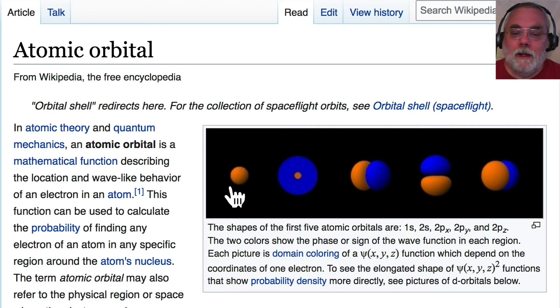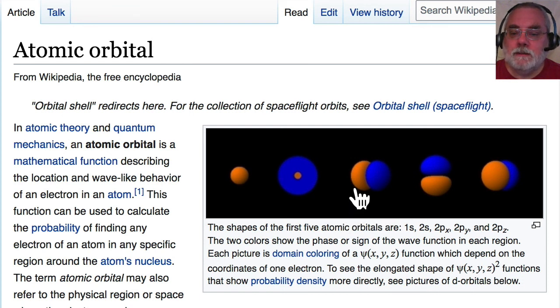This is the 1s orbital, the 2s orbital. These are both spherically symmetric. We're not going to worry about the blue versus orange coloration. And then these 3 are p orbitals.